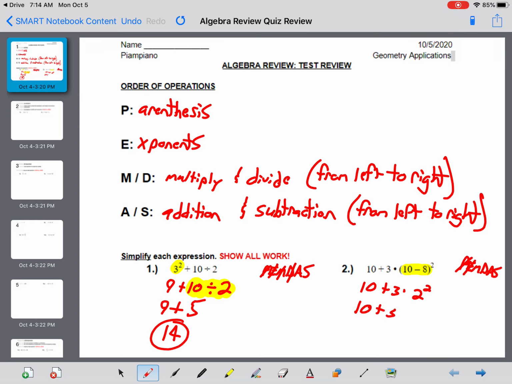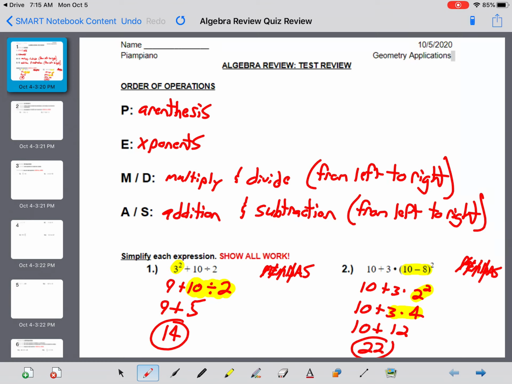So 10 plus 3 times 2 squared, 2 times 2 is 4. Multiplication, I see 3 times 4. So we did 2 squared. Now I see 3 times 4 for multiplication. 10 plus 3 times 4 is 12. There is no division. Addition, subtraction, I see addition. 10 plus 12 makes 22.